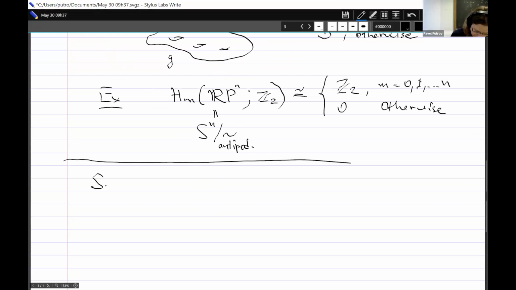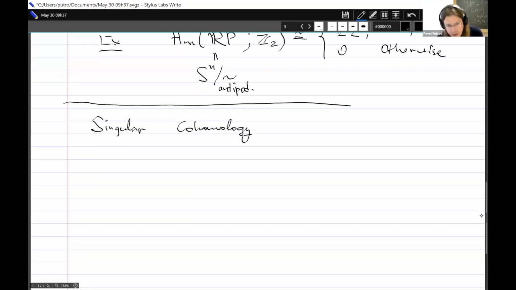So next, I want to give a brief introduction to singular cohomology. In particular, this part will be important when we define what is called topological discrete gauge theories.